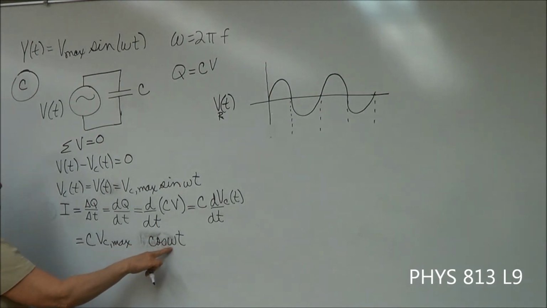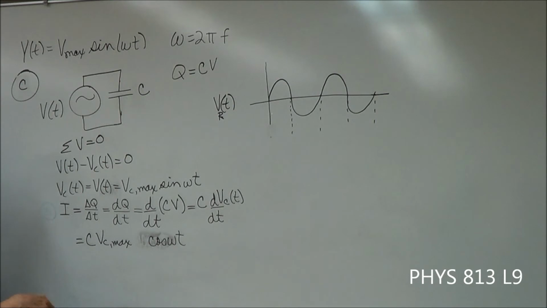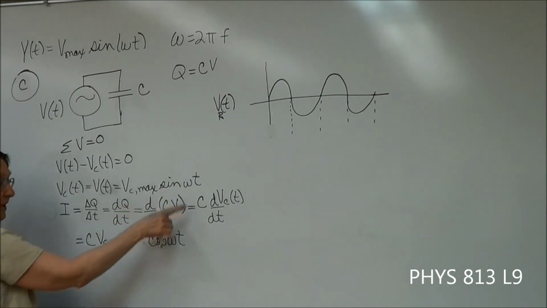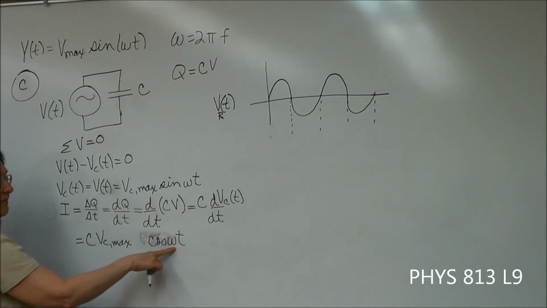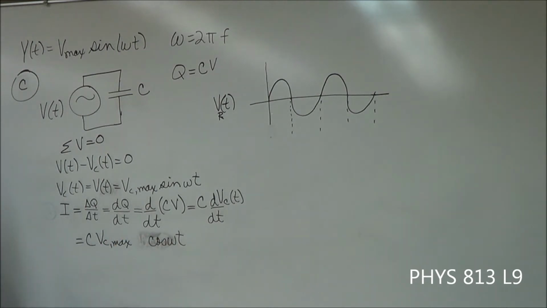Then we need to take the derivative of the argument of the cosine. This is what in calculus is usually called the chain rule. So the derivative of sine is cosine of whatever, and then the derivative of the argument with respect to time is just the omega. That's like saying the derivative of 3x is 3.